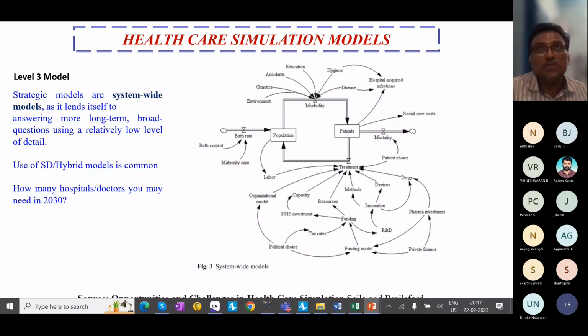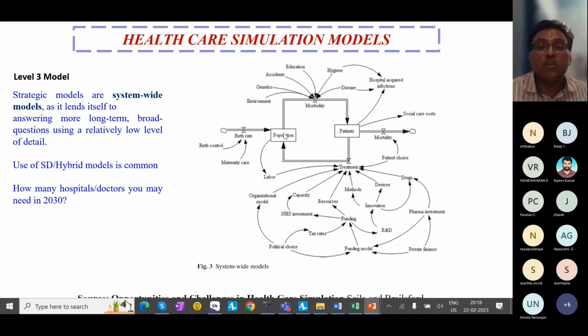And the last one, the level 3 model, is a macro kind of model. So first one is patient level, then unit level, and this is a system-wide model. So you are going to model the entire system. Here we are interested to know, as I said earlier, how a disease will spread, or how many doctors you may need in 2030.